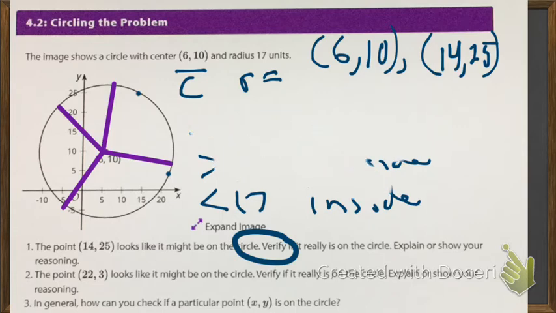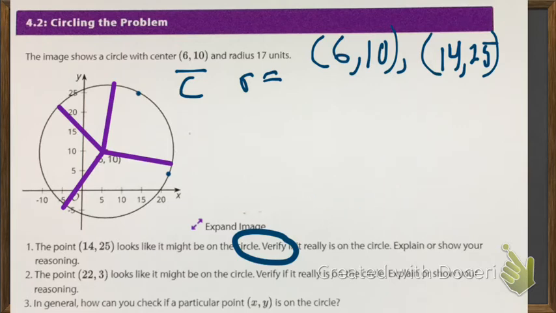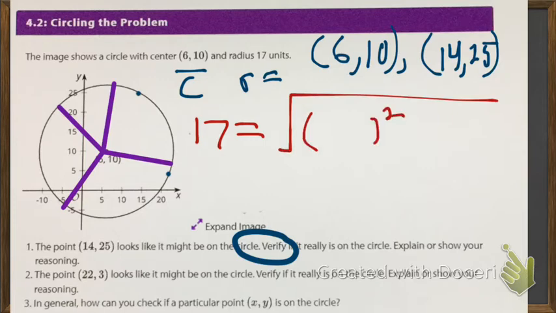Okay, so let's wipe that clear and do some calculations here. All we're doing is checking to see if that's equal to 17. We're checking the distance. So I'm going to frame it up. It looks like the sum of two squares, because it is a Pythagorean situation.